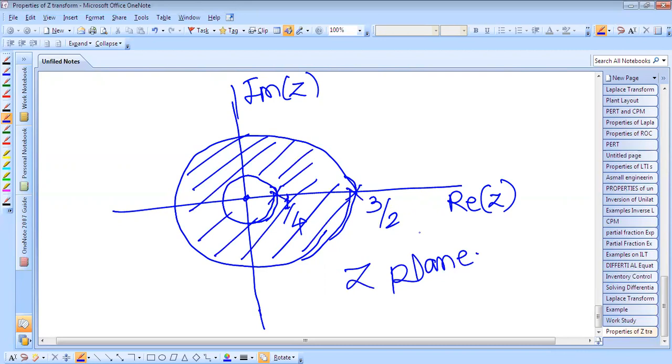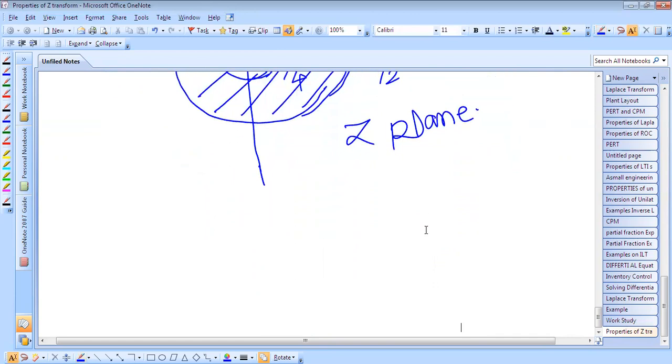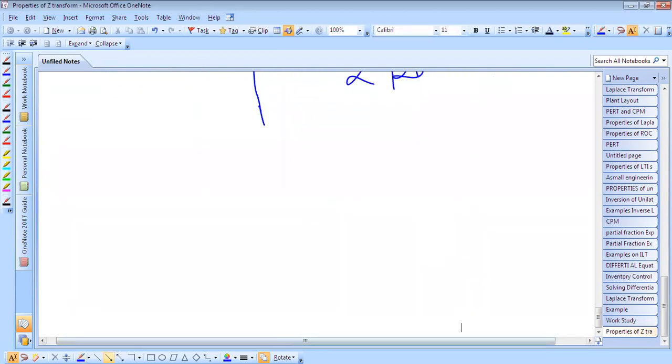Using the linearity property which we have just discussed, we just add the individual Z transforms.